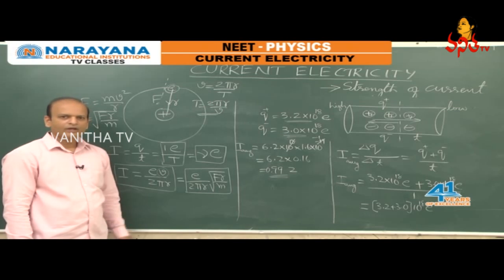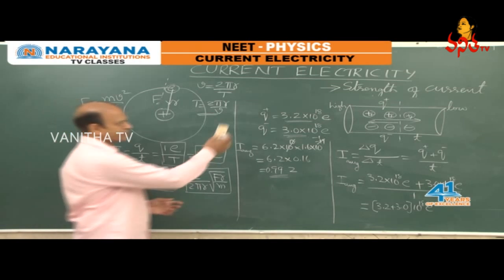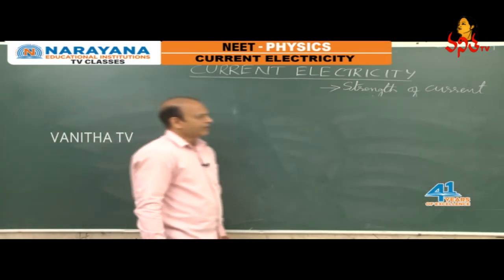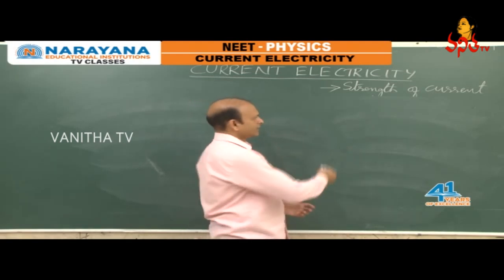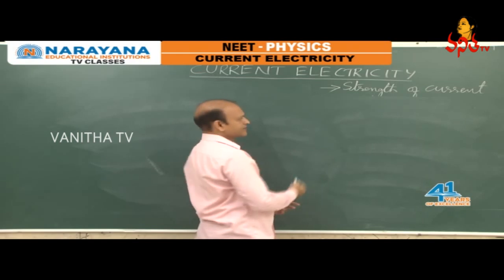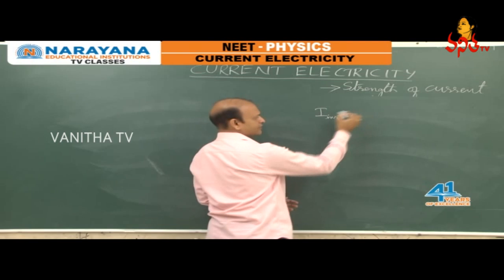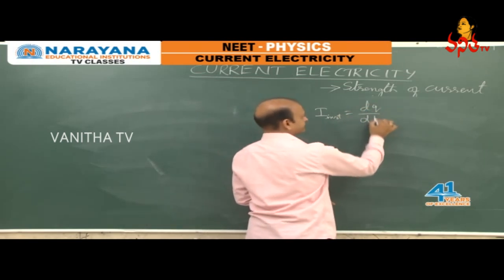Now let us observe some more situations of how the current is calculated. Here, the instantaneous current we have seen as dq by dt.